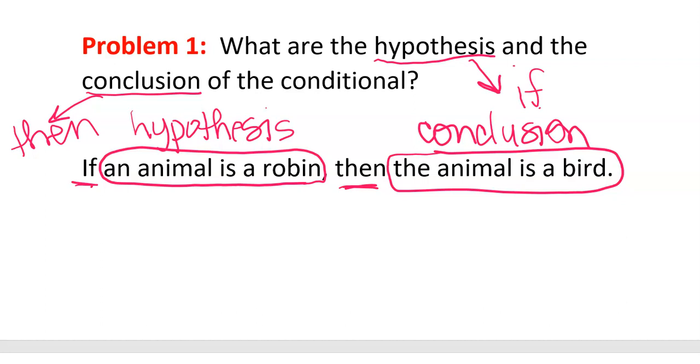Do not include then. Do not include if. If you include those, you don't get them right. Those are just your keywords that you're looking for. So far, pretty easy, right? You just have to get used to the wordage, I think, on the first few.